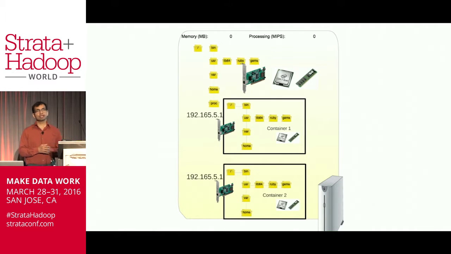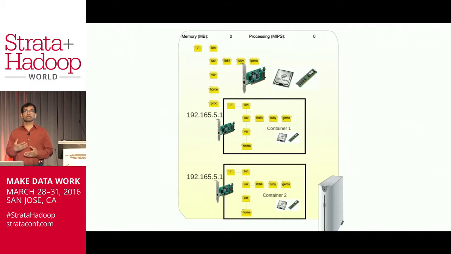For example, here you have two containers running, and each can have their own bit of the file system that is isolated for them. One container cannot see another container's file system. And the same for the CPU and memory allocated to the container. You can say that this part of the CPU and memory is for this container, and this other part is for the other containers, and they will not step on one another's foot.